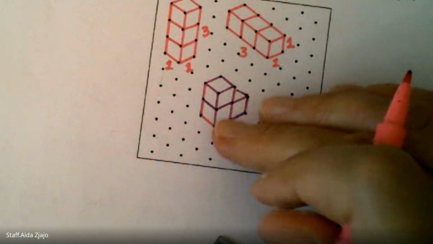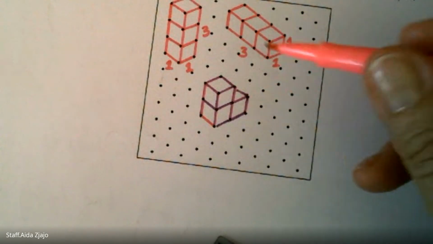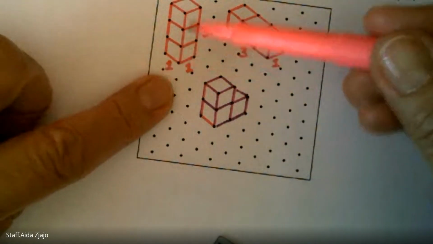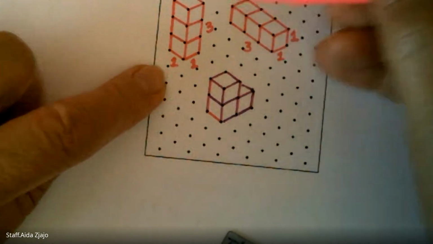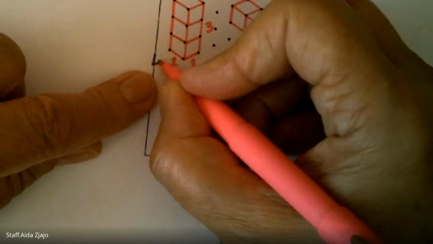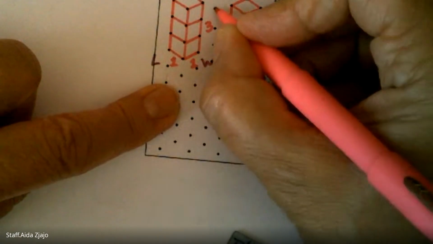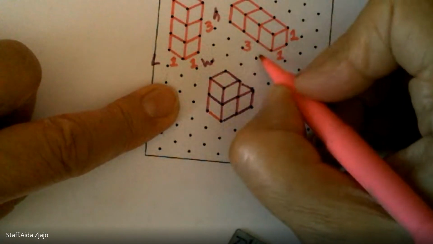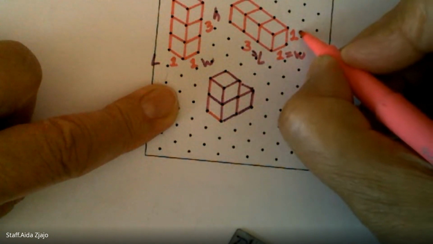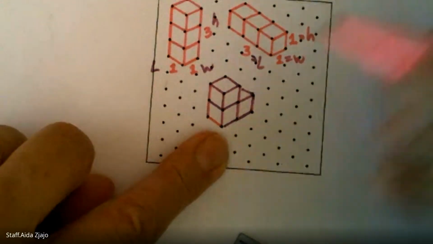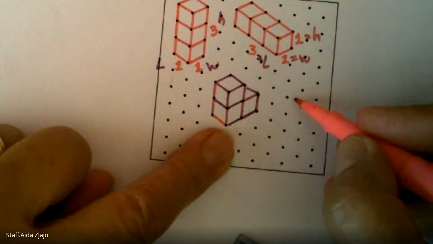This is not a regular prism, so you cannot have length, width, and height like this one, which has length, width, and height. Here you have to go by the layers.